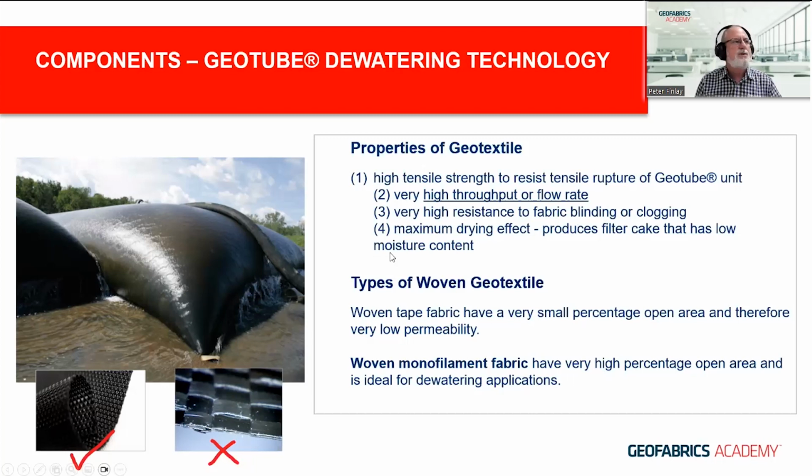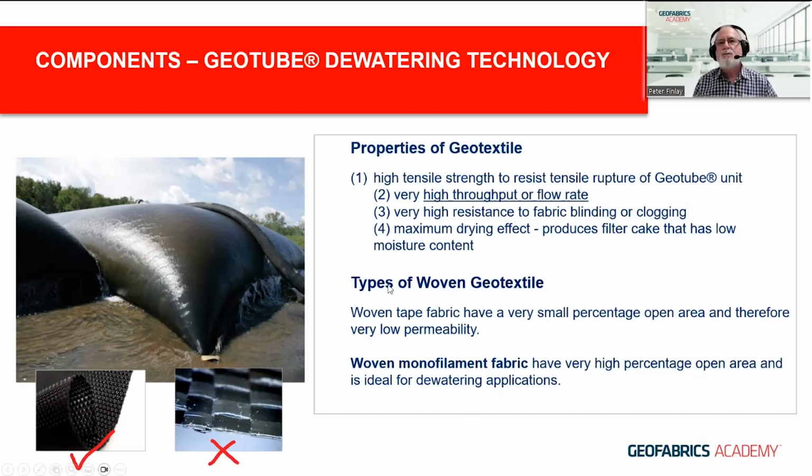The whole aim is to get the fabric which will give the maximum drying effect. So the release of water, and being able to build up and retain the solids and form a filter cake, and allow the release of moisture over time to dewater that sludge.